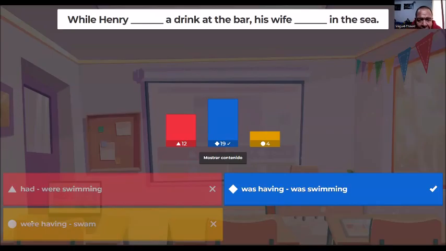While Henry was having a drink at the bar, his wife was swimming in the sea.